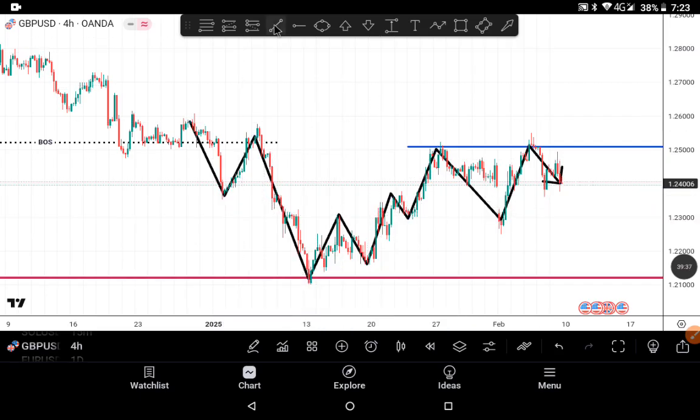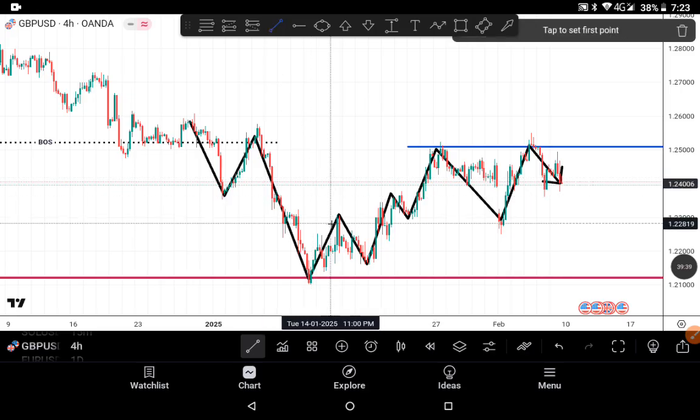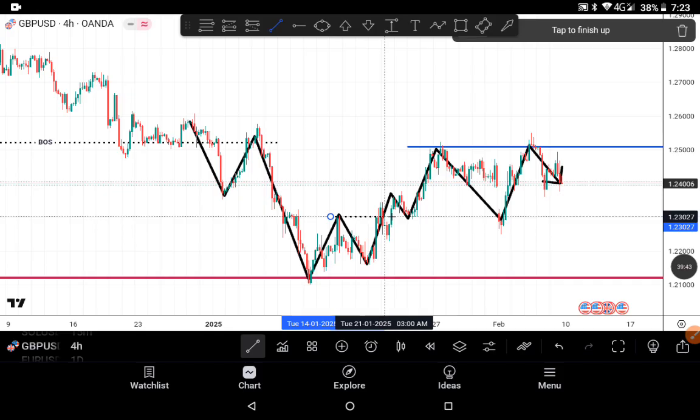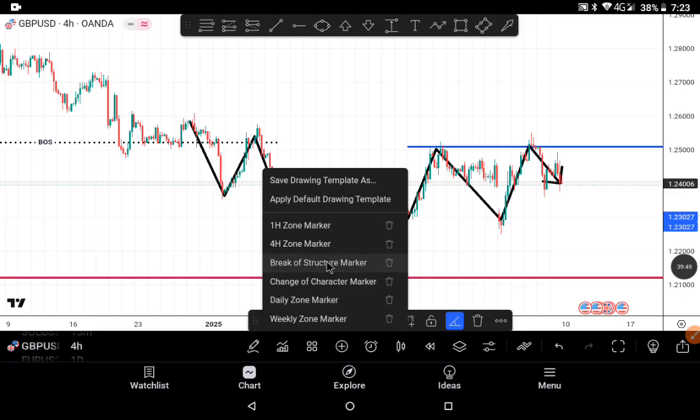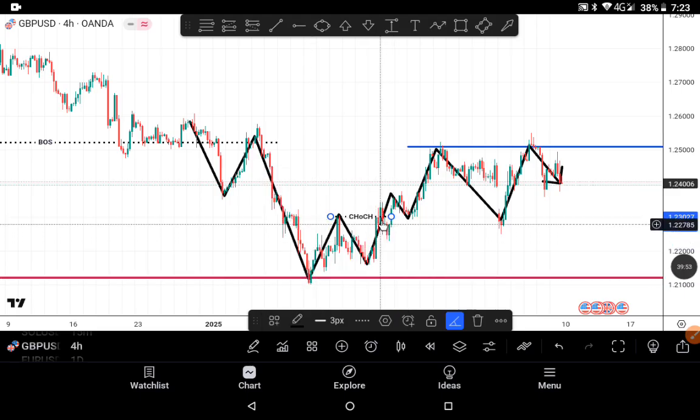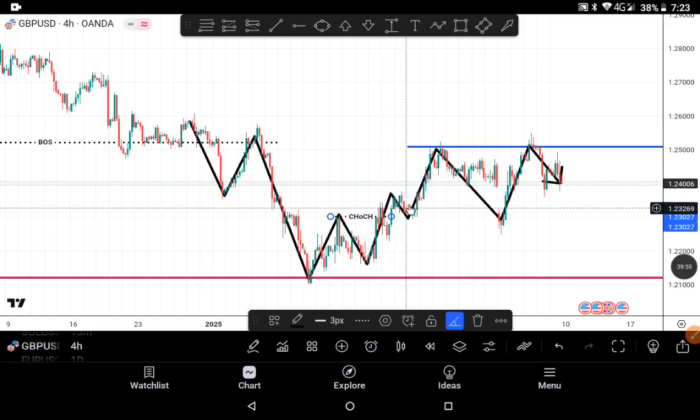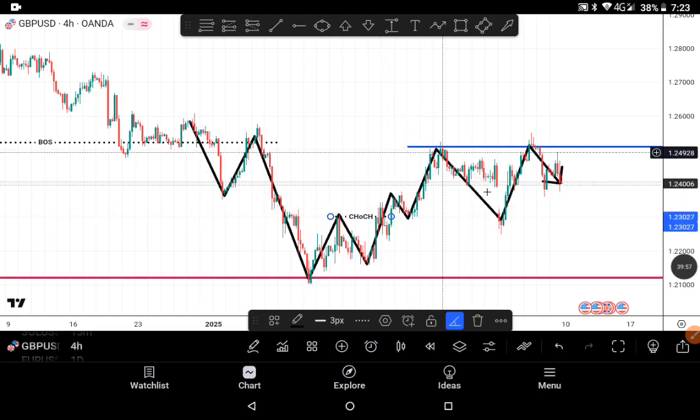Instead of giving us a lower high, it gave us a higher high. So you have a change of character here. At this point, as a day trader, you would know that you should be looking for a buy opportunity, and that is what has happened.